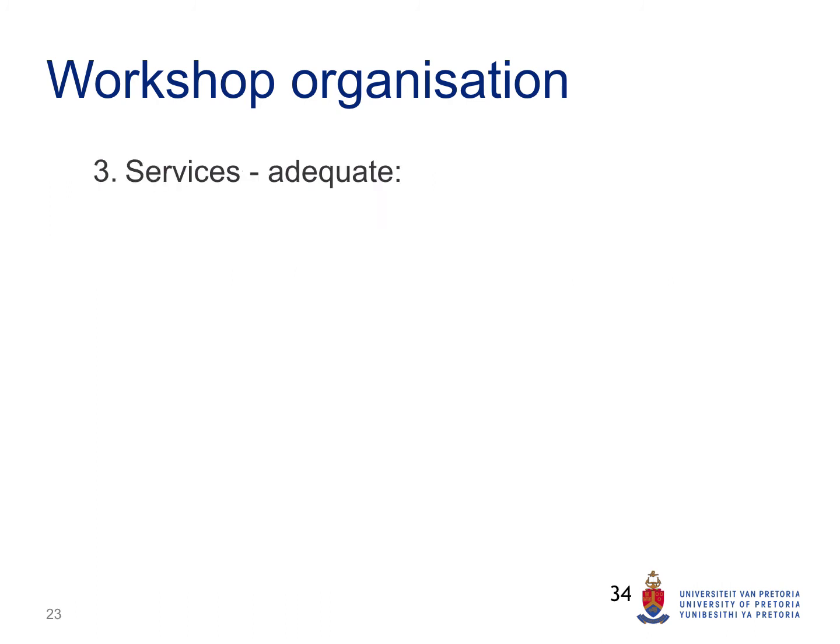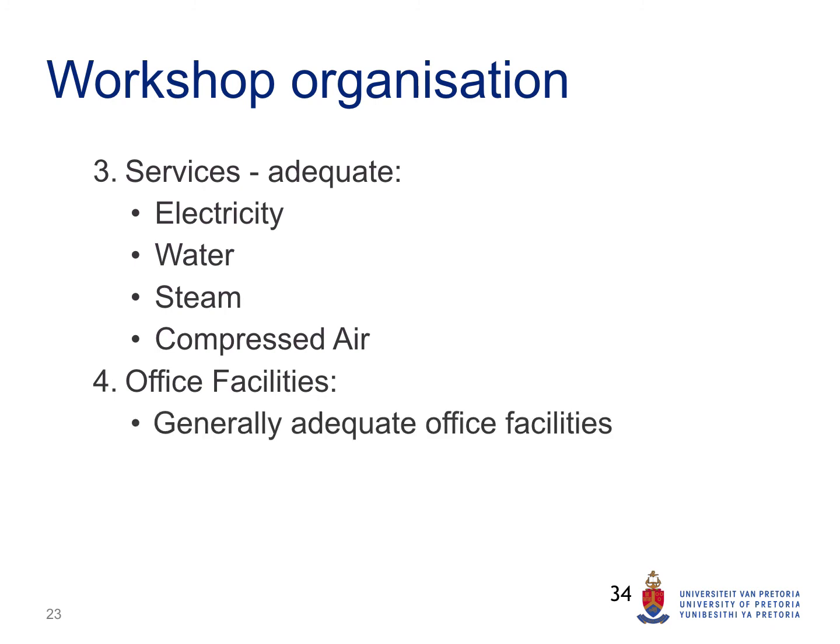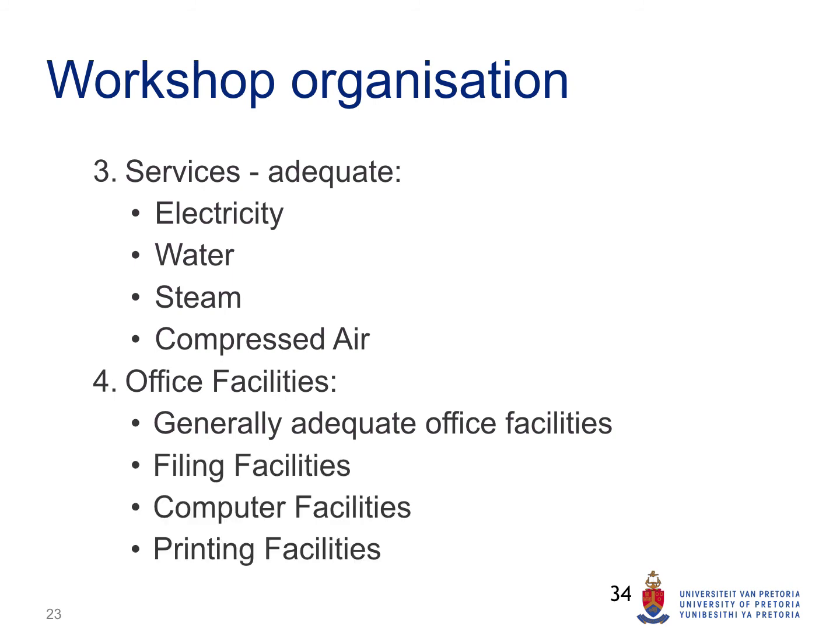In terms of services, you should include adequate levels of electricity, water, steam, and compressed air. In terms of office facilities, you should include things such as the general adequacy of office facilities, filing facilities, computer facilities, and printing facilities.